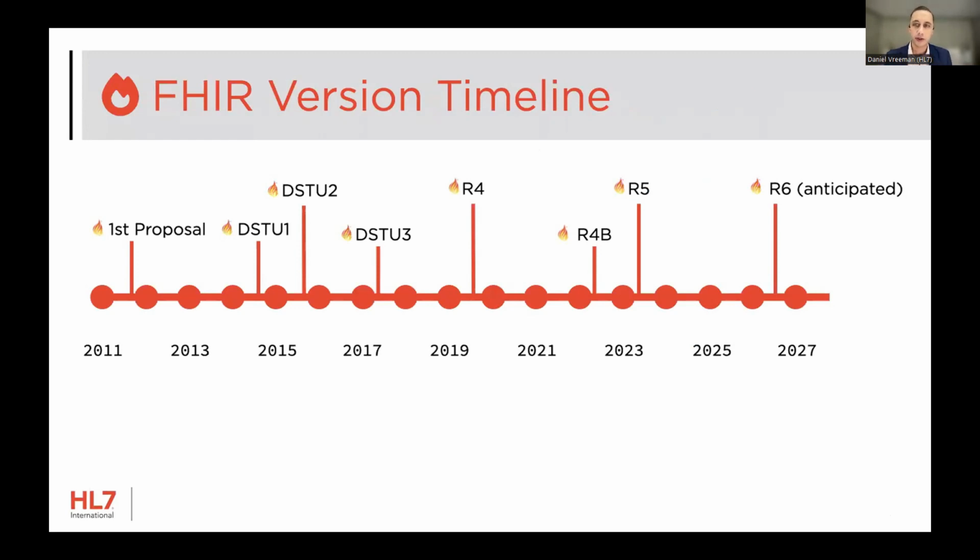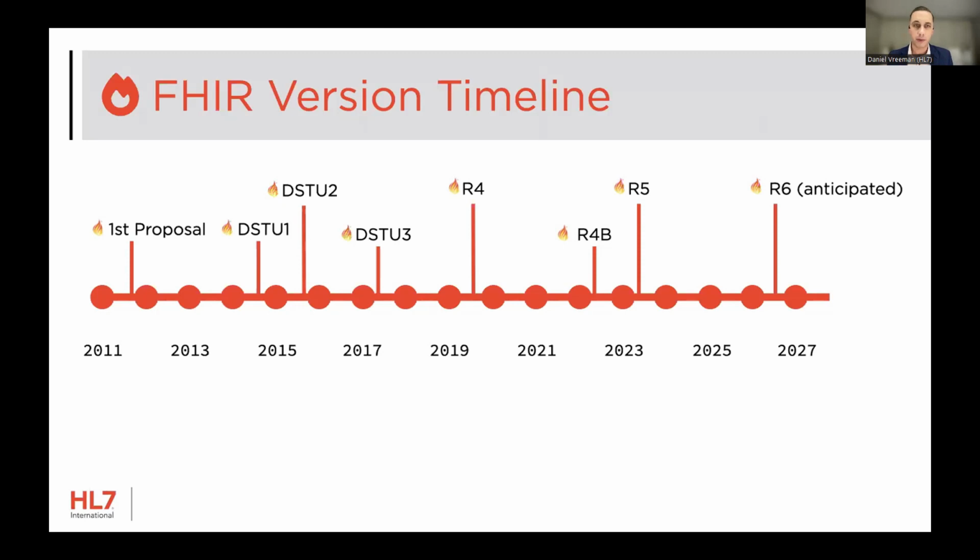So although FHIR has seemingly, in some sense, become an overnight success or appeared on the scene very recently, I wanted to show you the historical timeline of different FHIR versions. So the initial draft was published back in 2011, and there have been several key milestone releases, including the first normative release 4, that happened in 2019, and release 5, our latest release that came out earlier this year.